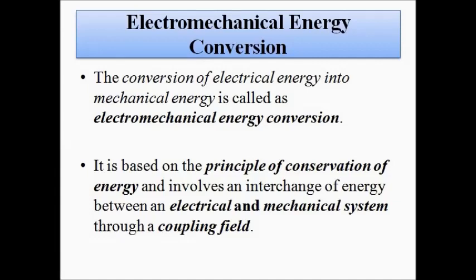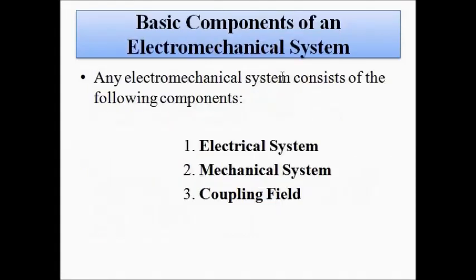So this energy conversion between electrical and mechanical involves certain basic components. The basic components of the electromechanical energy conversion system are the electrical system, the mechanical system, and the coupling system called the coupling field.